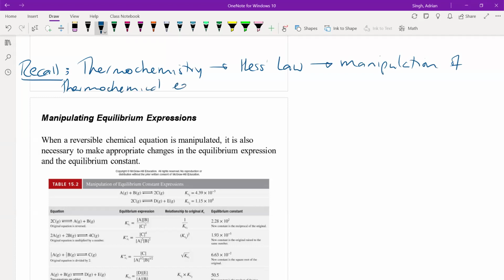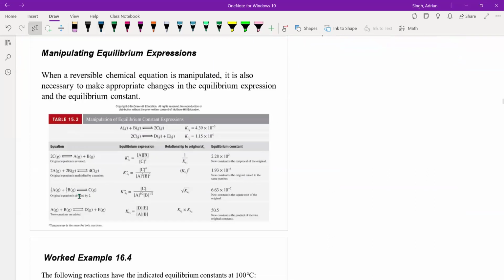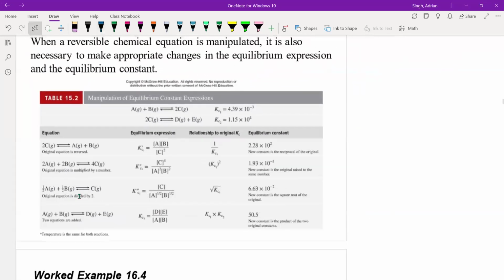Specifically, we were looking at things like your delta H values, your enthalpy values. We're going to see something very similar in terms of how we manipulate our equilibrium equations, but what we actually do with those Kc values is going to be similar, with some big differences in how we deal with the Kc values. All right, so let's take a look at some examples of these that we have up here.